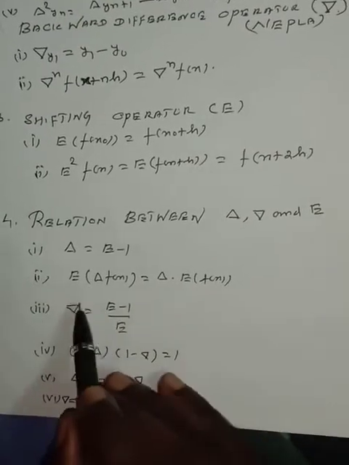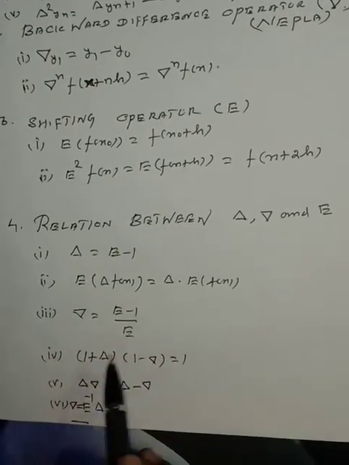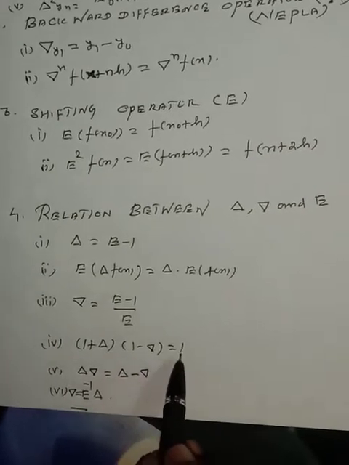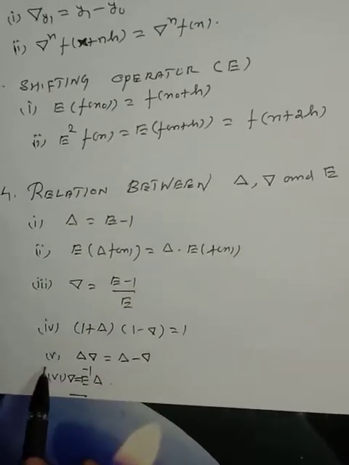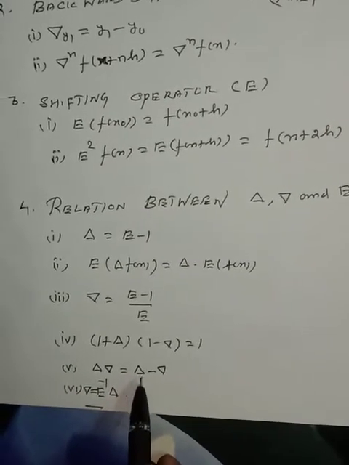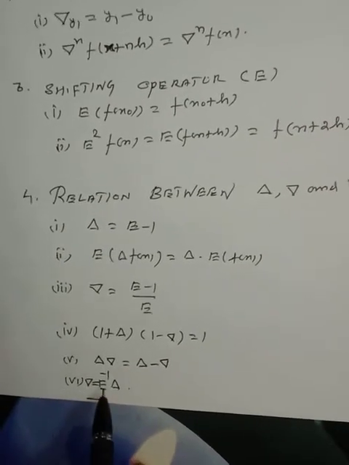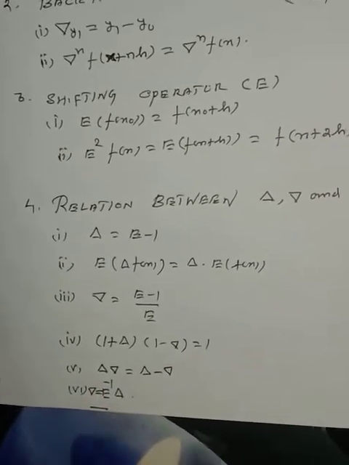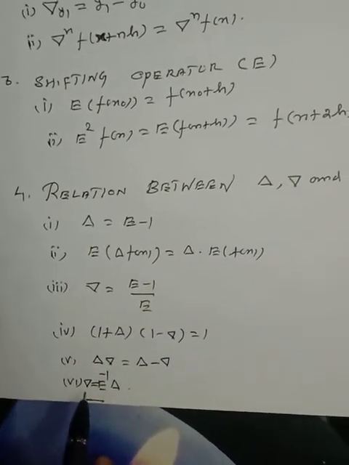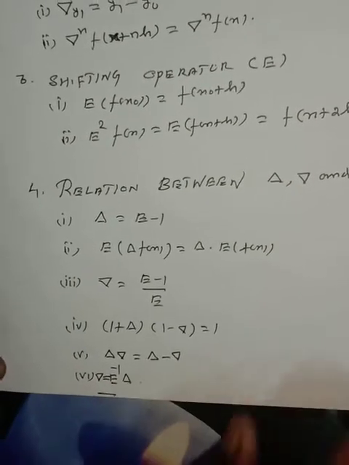Number 3, nabla is equal to (E minus 1) divided by E. Number 4, (1 plus delta) into (1 minus nabla) is equal to 1. Number 5, delta into nabla is equal to delta minus nabla. Number 6, delta is equal to shifting operator power minus 1 into delta, and nabla is equal to shifting operator power minus 1 into delta.